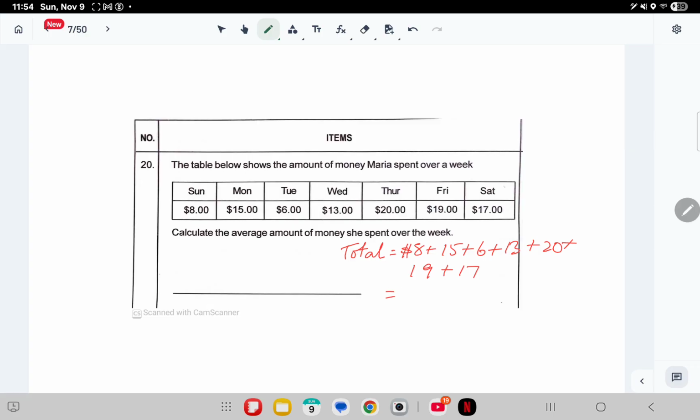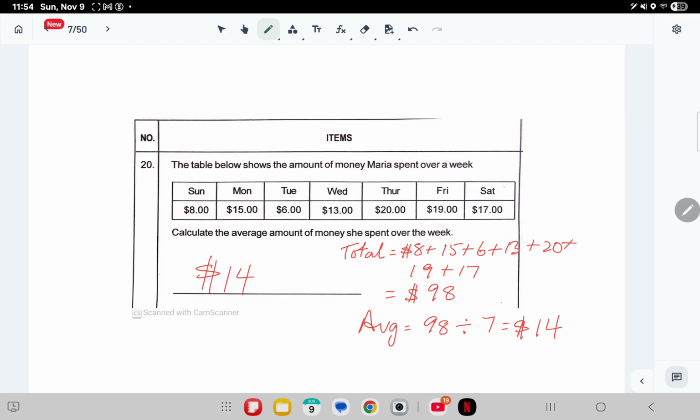So we find the sum to be $98. To calculate the average, take the total for the sum and divide it by the number of days. 1, 2, 3, 4, 5, 6, 7. And that will give us an average of $14.